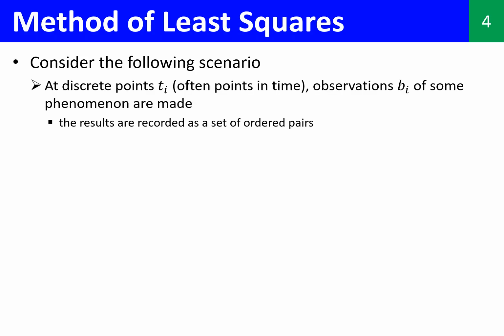If we consider the scenario where we have observations Bi of some phenomenon at discrete points in time Ti, then we can arrange those in a set of ordered pairs like this: T1, B1, T2, B2, and finally Tm, Bm.